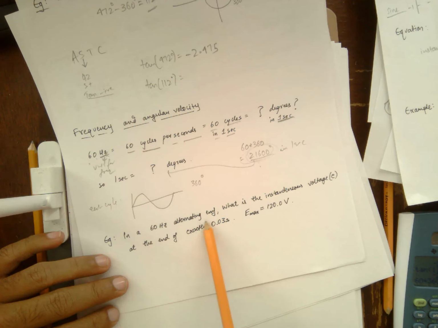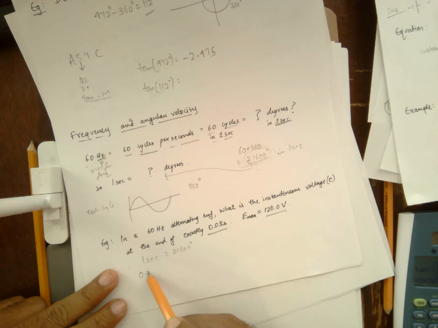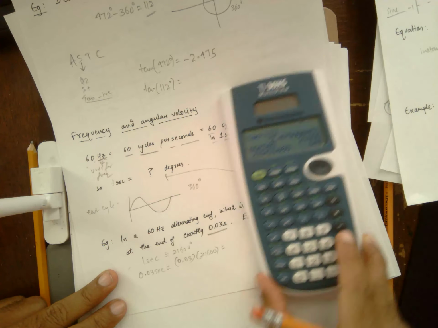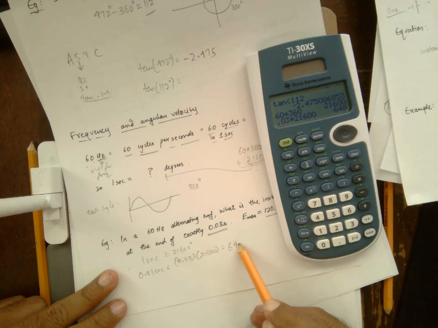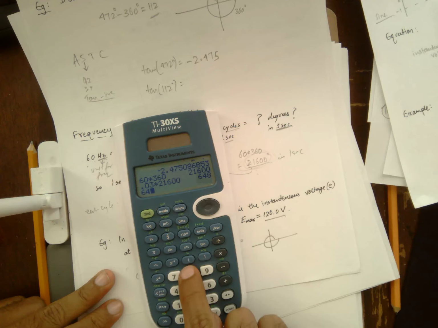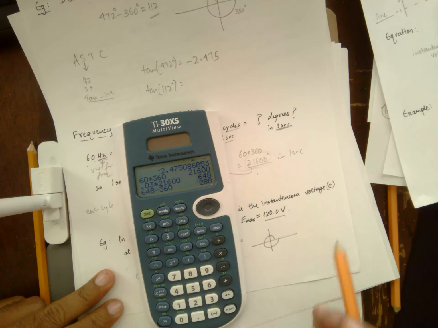So first of all, I need to go from seconds to degrees. I know 1 second is 21,600 degrees, so 0.03 second is 0.03 times 21,600, which is 648 degrees. So 648 degrees puts us past 1 cycle. 648 minus 360 is 288, and somewhere here it puts me here.